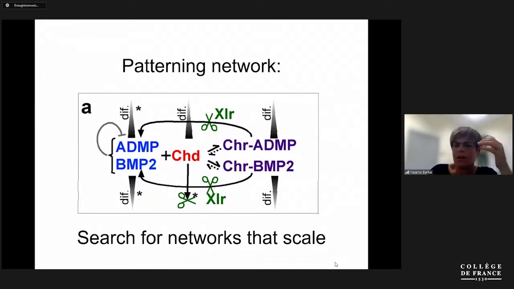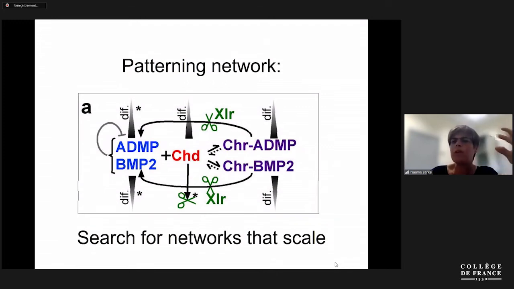looking at how the gradient is generated. And I will not take you into all of the details. Again, it's published quite some time ago, and it's not the essence here. But the approach that we take is to look at the system that generates the gradient and try to simplify it. And of course, this simplified system of just a single morphogen secreted from one source is never what's happening.